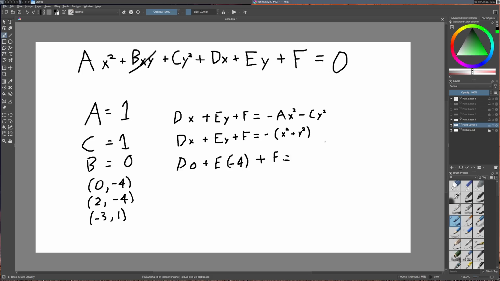Negative 4 squared is 16, and negative again, equals negative 16. So we do that for every single one of these. Again, we get something like d times 2 plus e times negative 4. You keep doing that, you get 3.